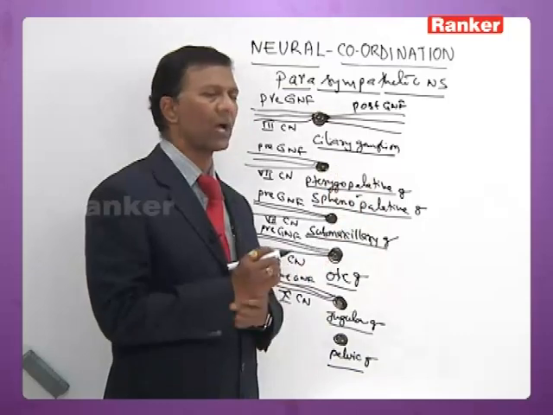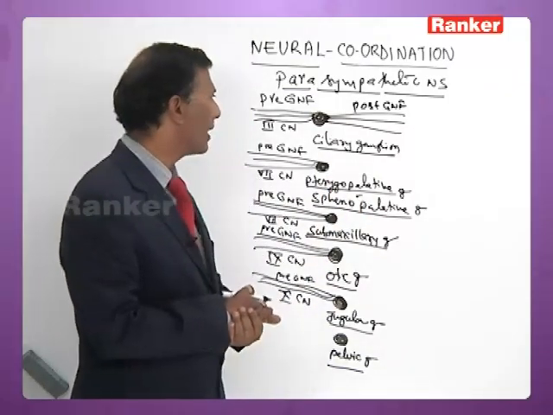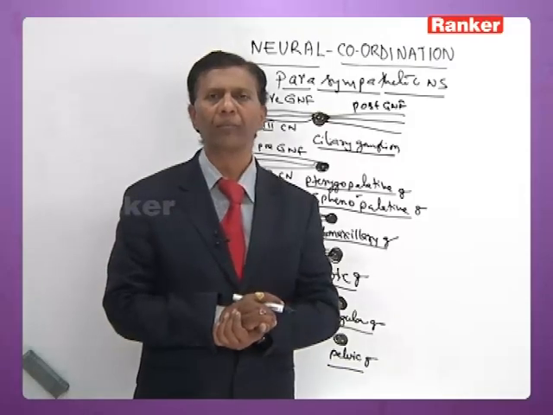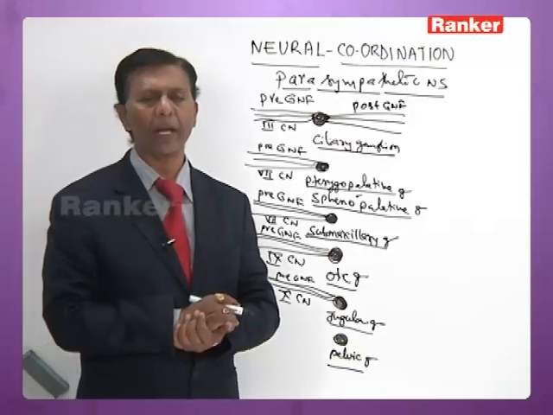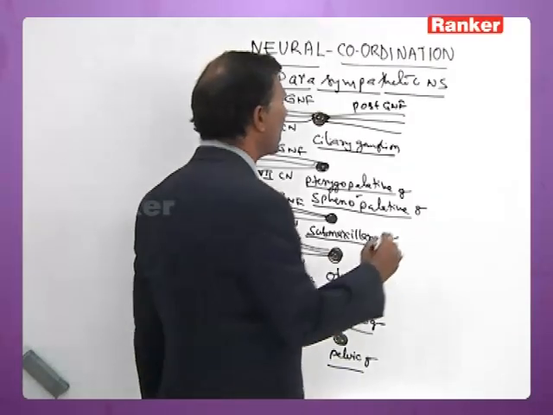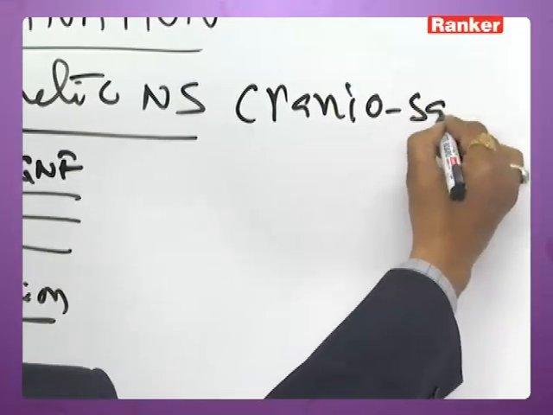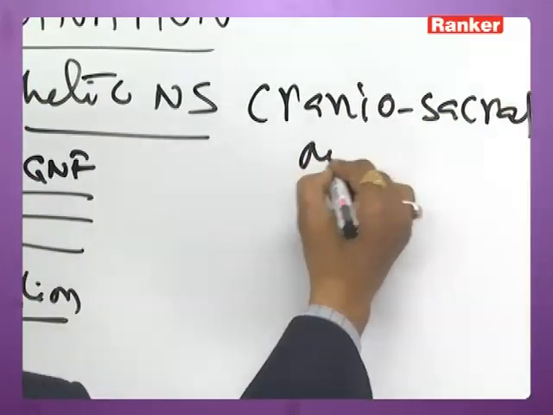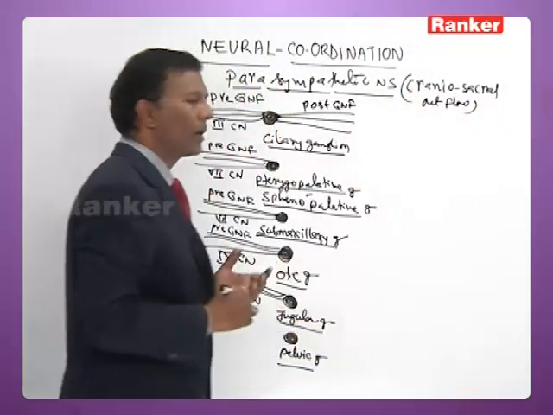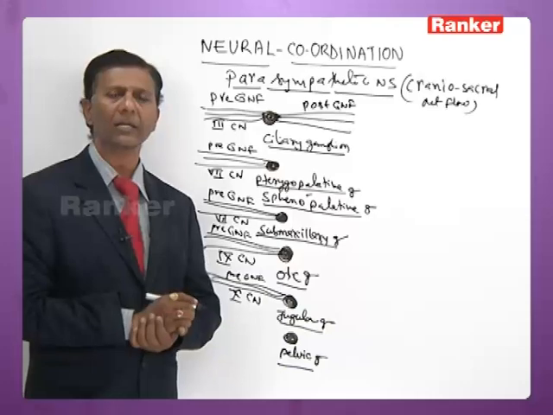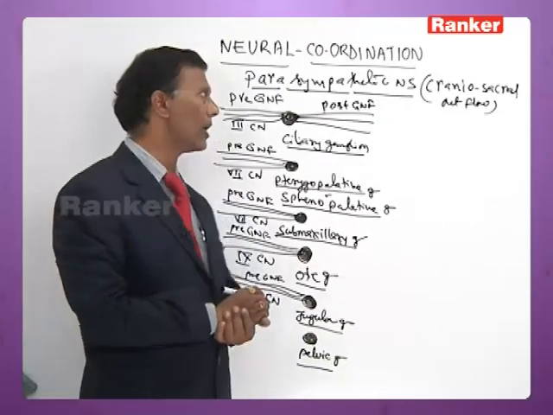The preganglionic nerve fibers of the parasympathetic system are associated with certain cranial nerves and spinal nerves. That's why it is also called craniosacral outflow, since the preganglionic nerve fibers of these ganglions are associated with cranial and sacral nerves.